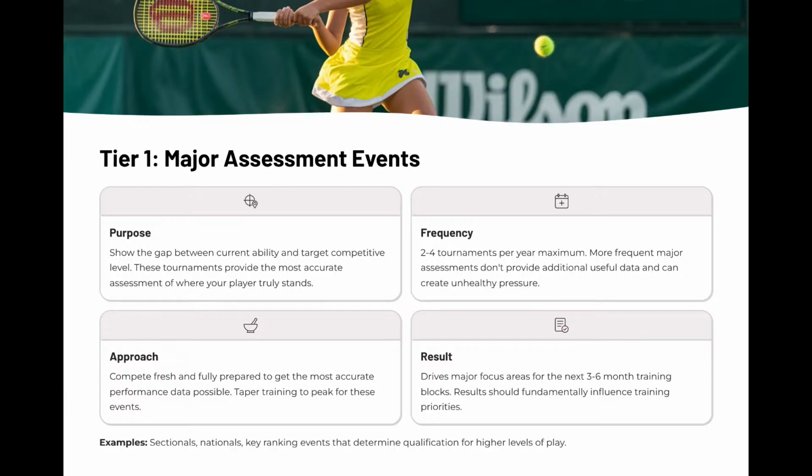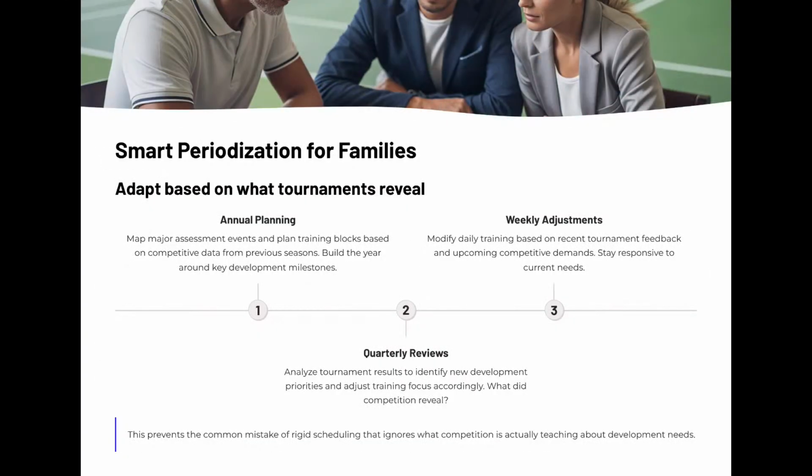Eh, you can only peak, if you go through this, you can only peak about 3 times a year. Some people say 4. I'm more a believer in 3. And so if you know you can only peak that many times a year, how do you place them in your schedule? Pretty easy if you're playing at the higher levels.